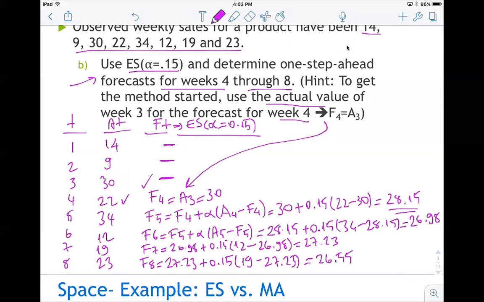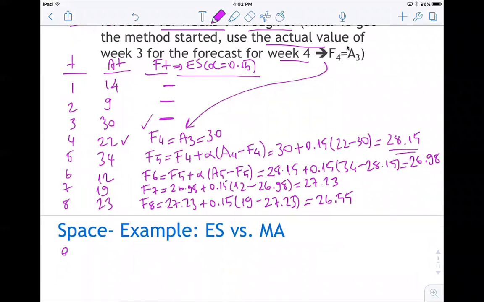Now week 9, I don't have any actual value here, but I can still calculate my forecast for week 9 at the end of week 8. That is going to be my forecast that I made for week 8 plus alpha times my actual observation for week 8 minus, again, the forecast that I made for week 8.